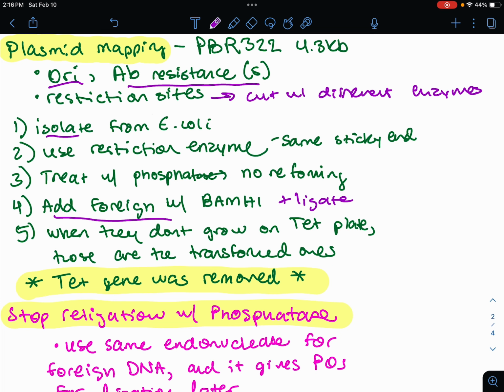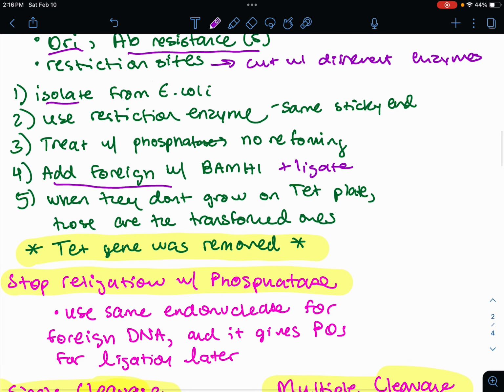And then, when they don't grow on this plate with this antibiotic TET, those are the transformed ones. The TET gene was removed, so in this example, the foreign DNA is integrated into the tetracycline resistance gene and therefore disabling it.